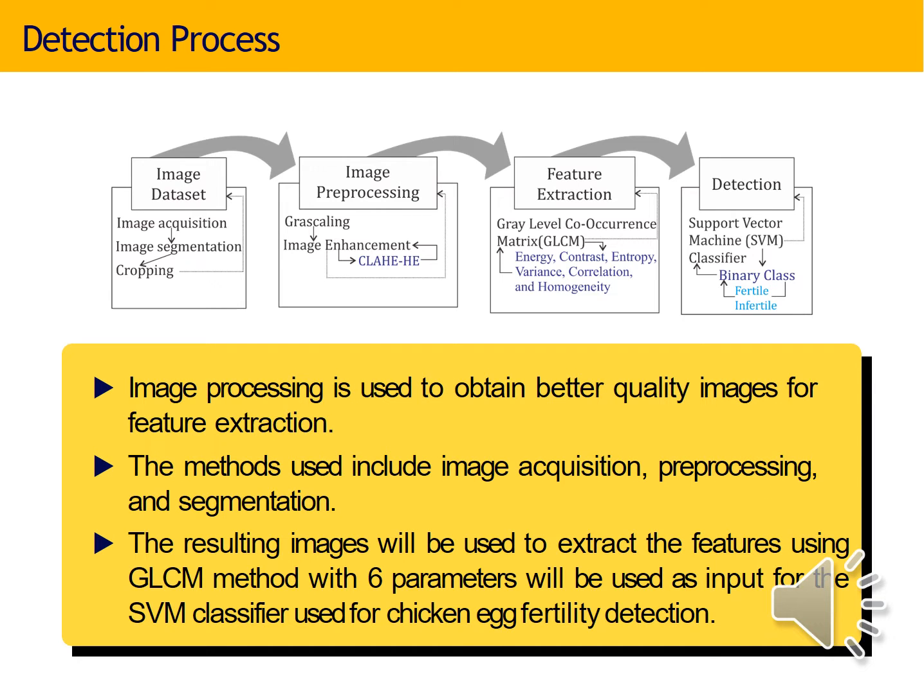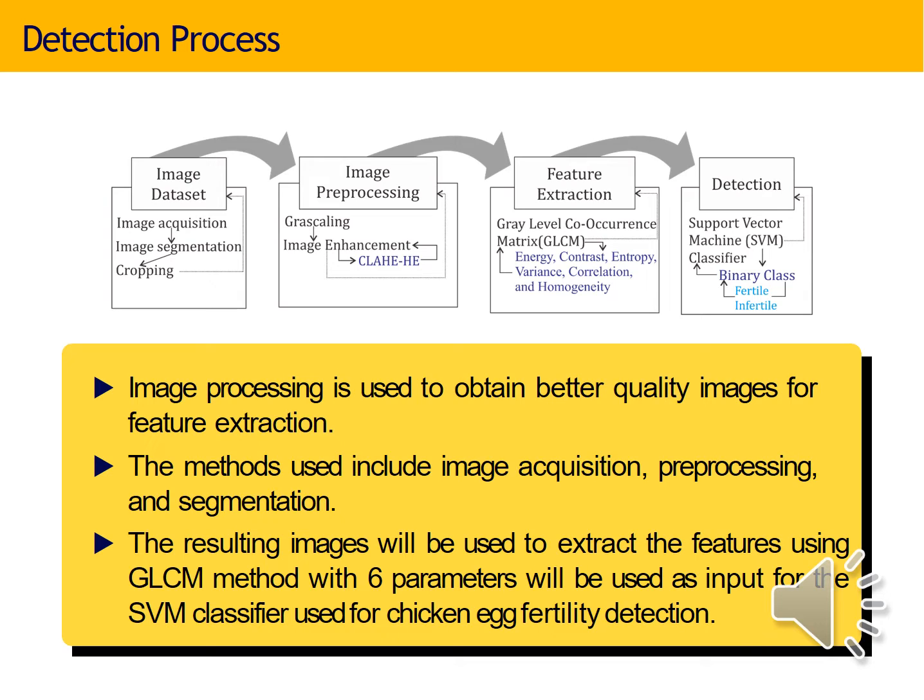This is the detection process from our research. From the dataset that we are using, based on previous research, we use image pre-processing and feature extraction, and the last step is detection. Image processing is used to obtain better quality images for the feature extraction.